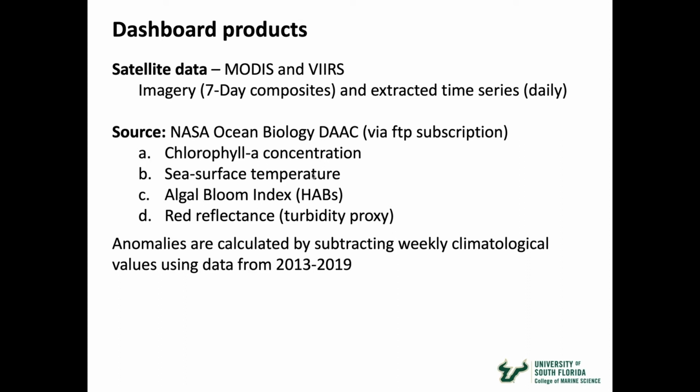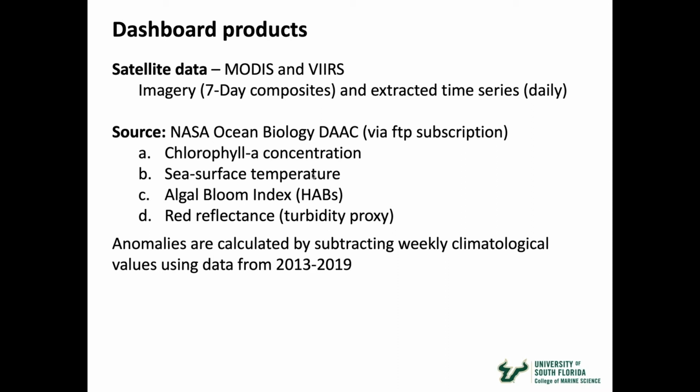We have a product called the Algal Bloom Index, and it's based on the normalized fluorescent line height product. That's a way to discern phytoplankton blooms from chlorophyll A concentration. It's the fluorescent line height product, normalized for suspended sediment. So we wanted to not have false positives from suspended sediments when we're trying to look at HABs.